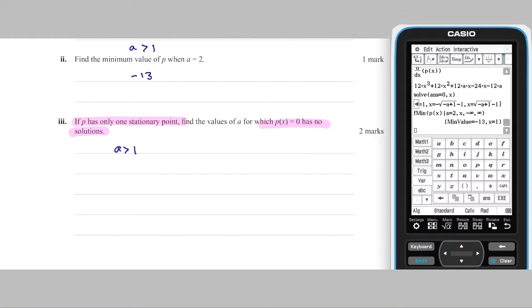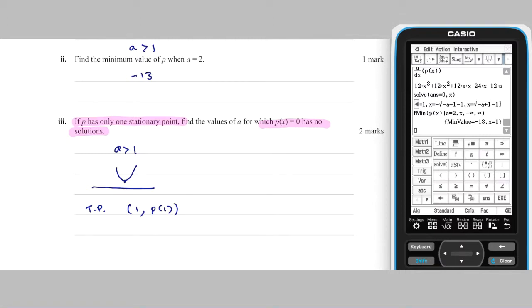That would mean that p of x with its one stationary point would look something like this, and we want this to occur above the x-axis. The turning point will therefore have coordinates 1, p of 1, because we know when we have only one turning point, it has the value x equals 1, as we found previously.